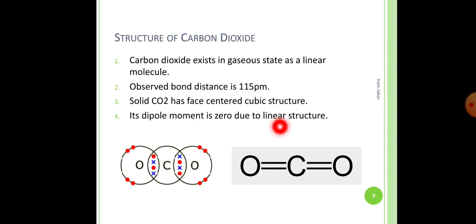Due to the linear structure of carbon dioxide, its dipole moment is 0 because in a linear structure polarity is cancelled out. As you can see in this structure, carbon forms a double bond with each oxygen atom by sharing of electrons, and a linear structure is obtained.